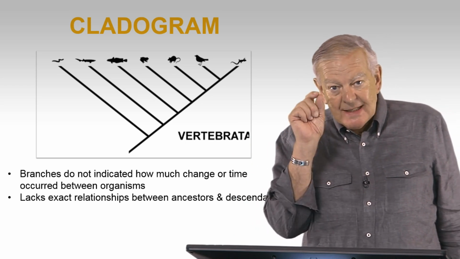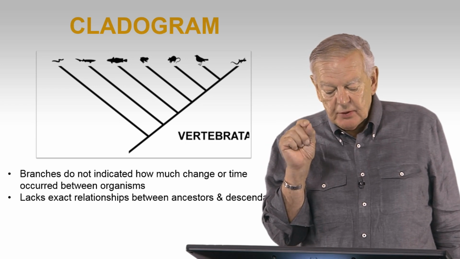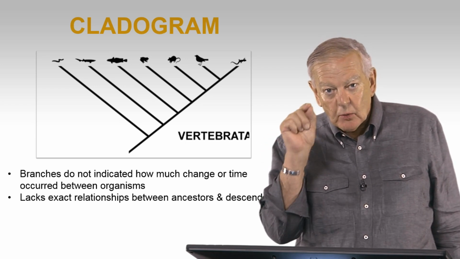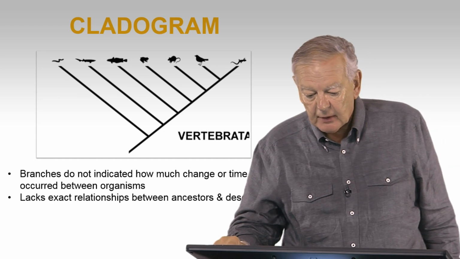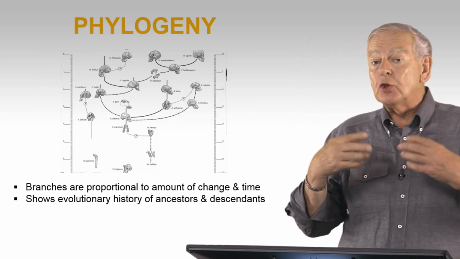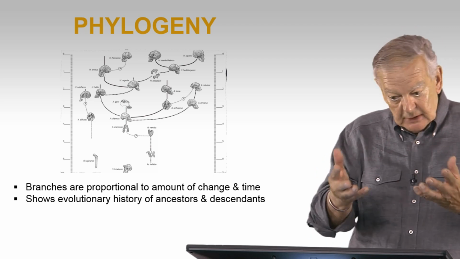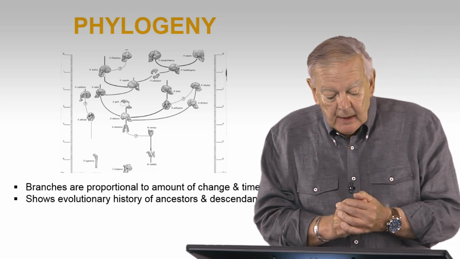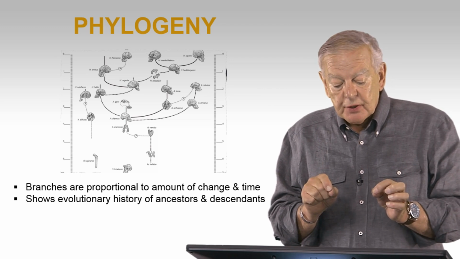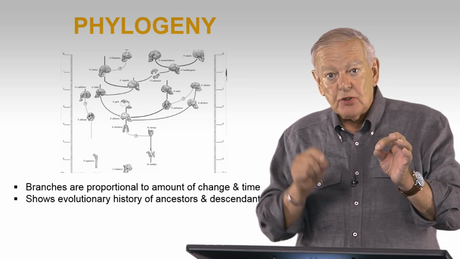And it lacks exact relationships between ancestors and descendants. We don't have them very carefully outlined here. But in a family tree, what is called a phylogeny, the branches are proportional to the amount of evolutionary change and time.